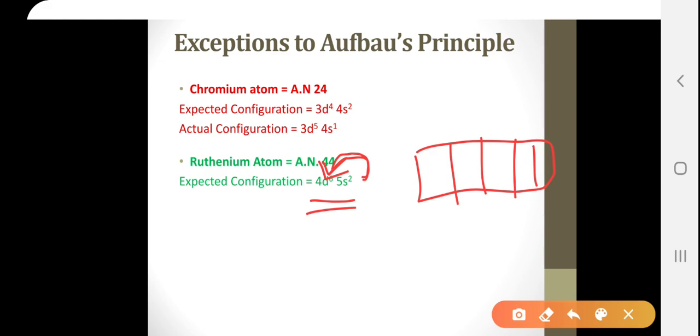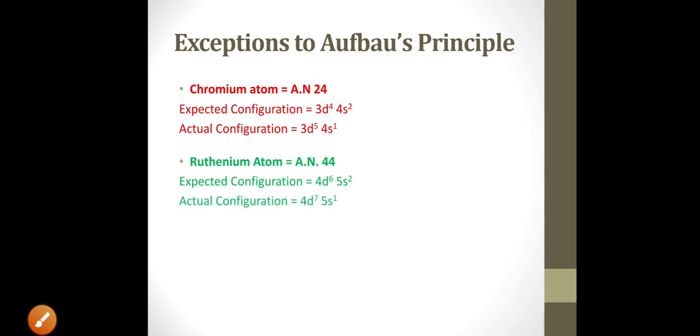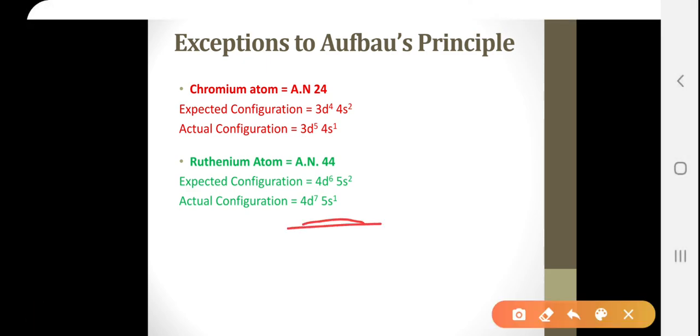Even though one electron jumps, the actual configuration of ruthenium is 4d7 5s1. This is not explained by the Aufbau principle. So this is the limitation of the Aufbau principle.